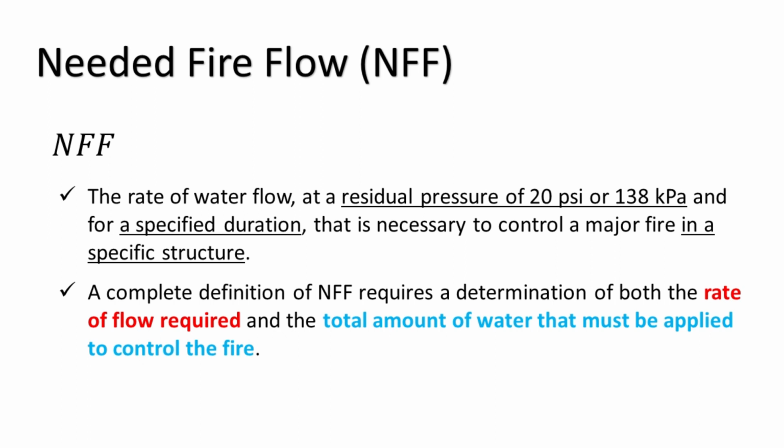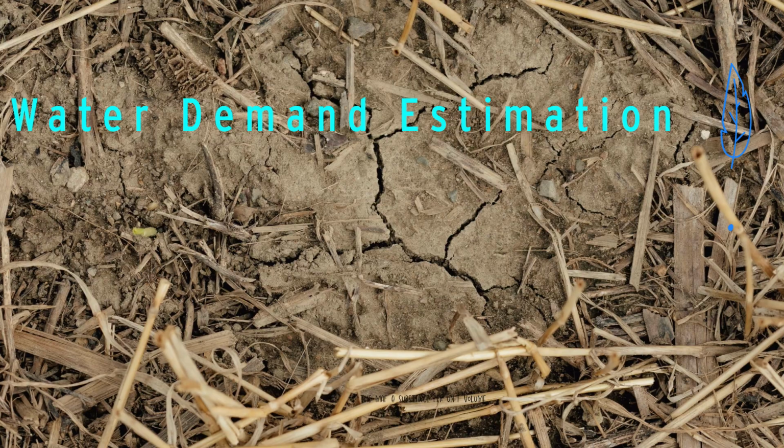In our next video, we will delve into a detailed discussion on calculating the NFF for a specific building. The available fire flow must be assessed at a residual pressure of 140 kPa or 20 psi during maximum day demand MDD. Finally, with all these calculations above, how do we estimate the water demand for a given proposed development?